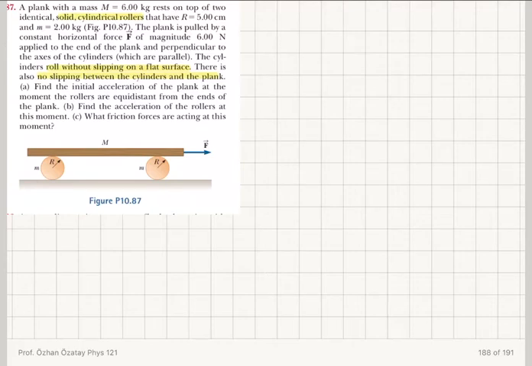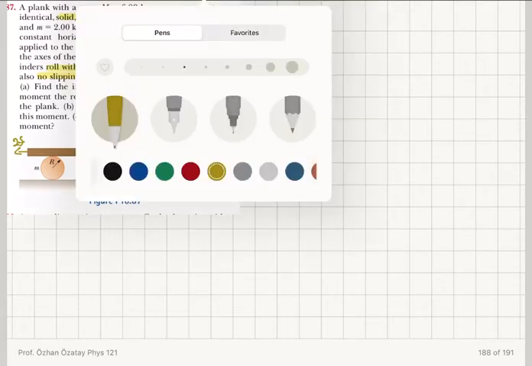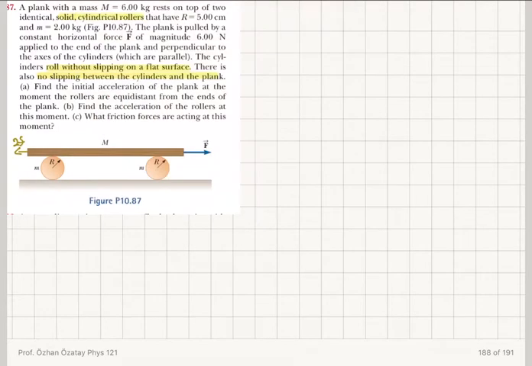Okay, first of all, because I'm trying to move the plank to the right, the cylindrical rollers will resist this motion and they will apply exactly the same force of friction, so the plank is going to feel a friction force to the left of amount 2f.